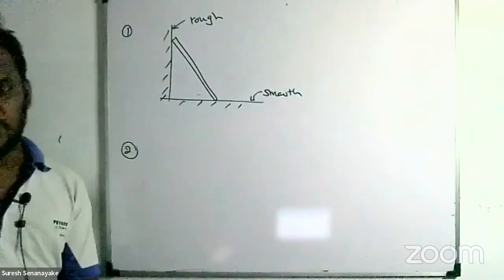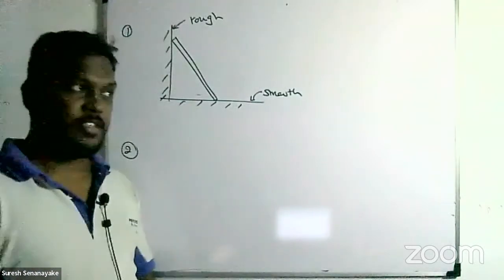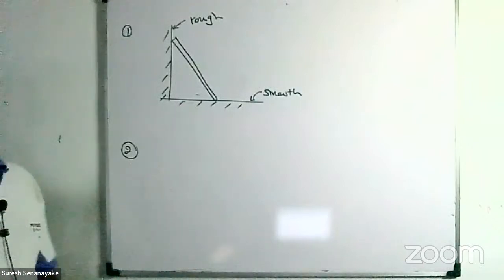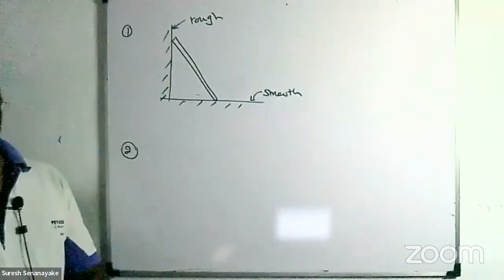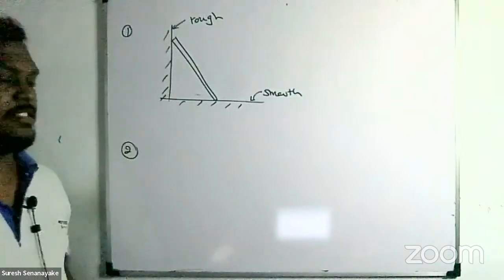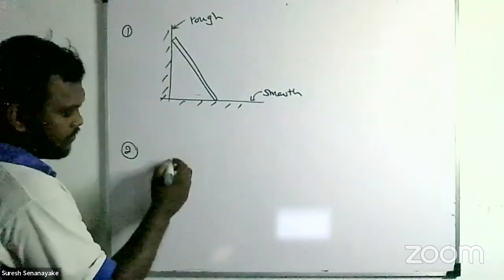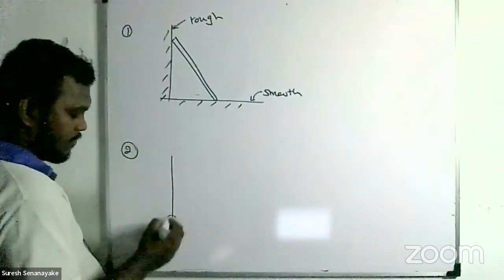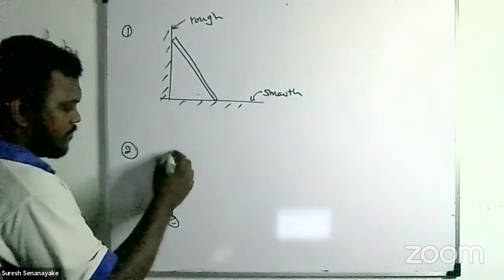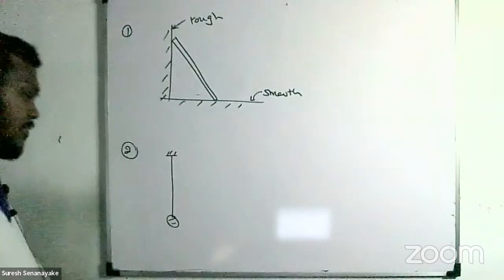The string is pulled back by a force capital F, as the string makes an angle of 60 degrees with the horizontal. Find the value of the force F.